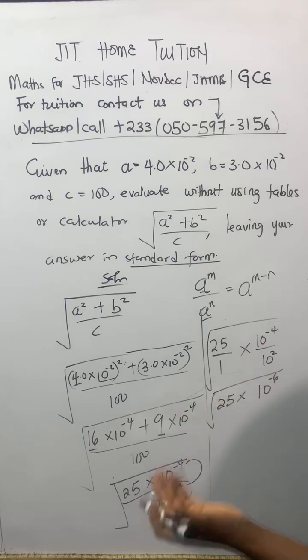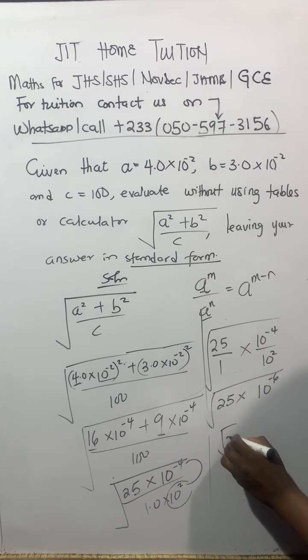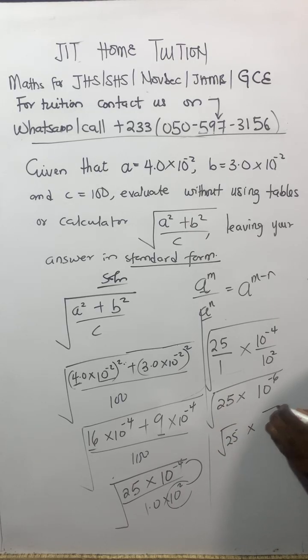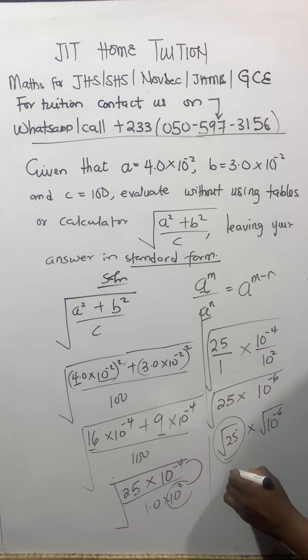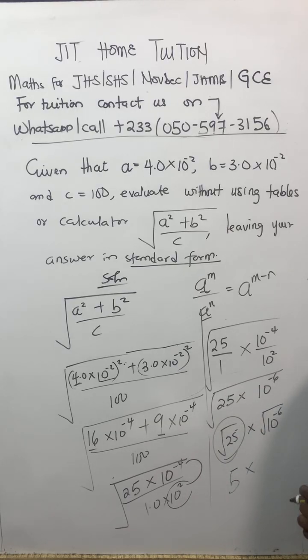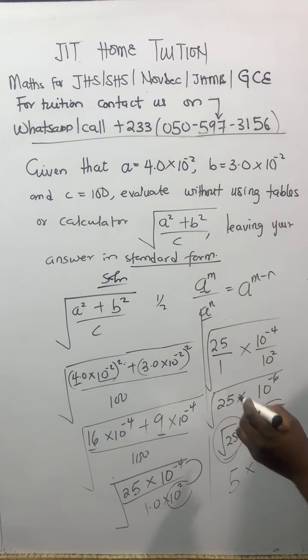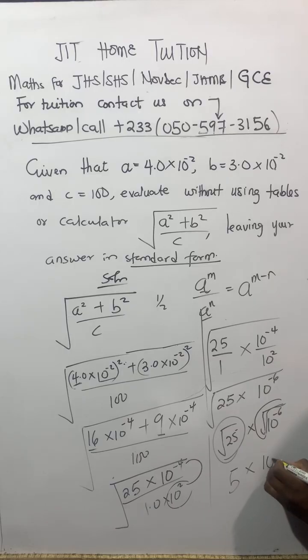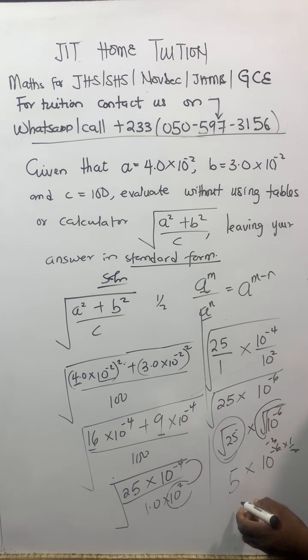So here you can split it to make it root 25 times root 10 exponent negative 6. Now root 25 will give you 5. This square root sign is the same as exponent half, meaning that you can rewrite this as 10 exponent negative 6 times exponent half. This will cancel, and here you have negative 3, so you have 5 times 10 exponent negative 3.